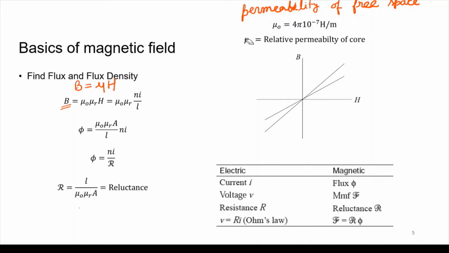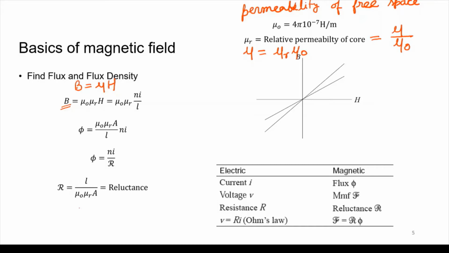The ratio of permeability of a material and the permeability of free space is denoted by mu r. So mu r is nothing but the ratio of the permeability of the material and the permeability of free space. So we can say mu is equal to mu r mu naught.